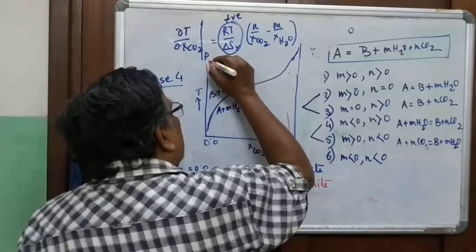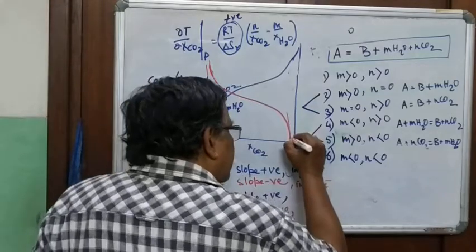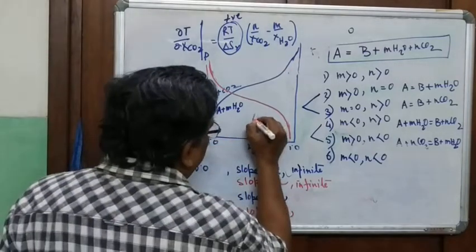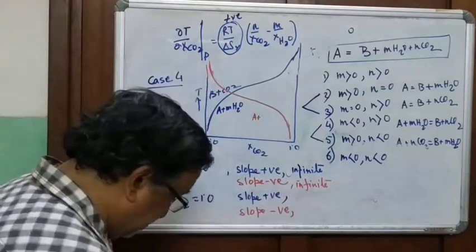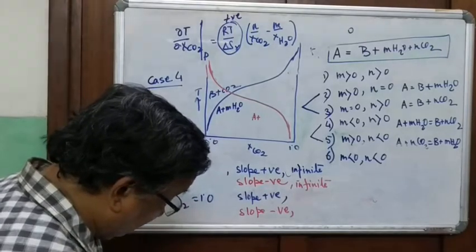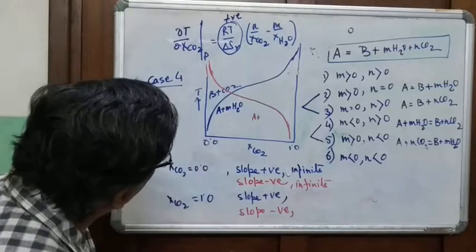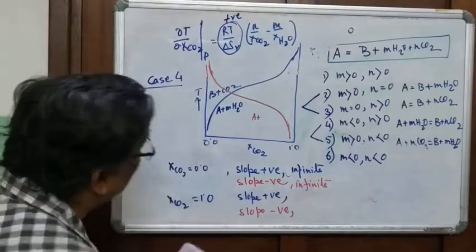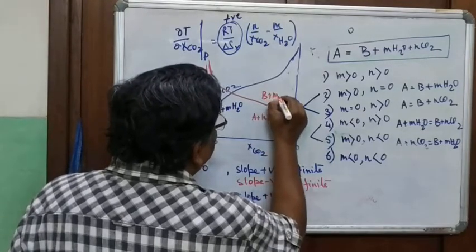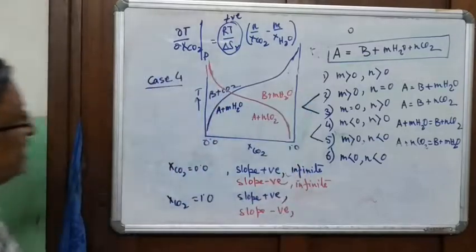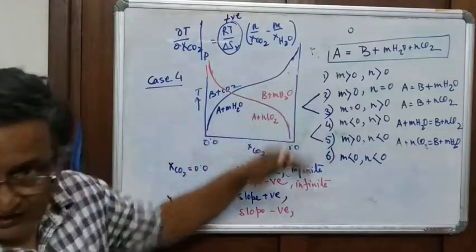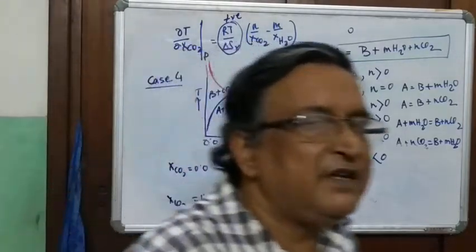So now, if you draw it, it is going to be a reaction of this type, where you will have A plus nCO2 is equal to B plus mH2O. That's all it will be. So this is also a mirror image thing.